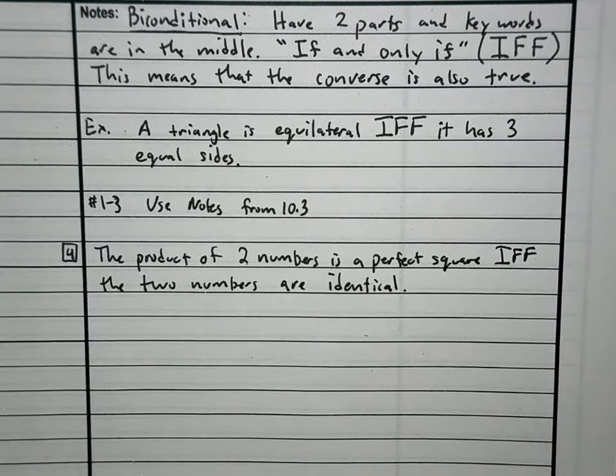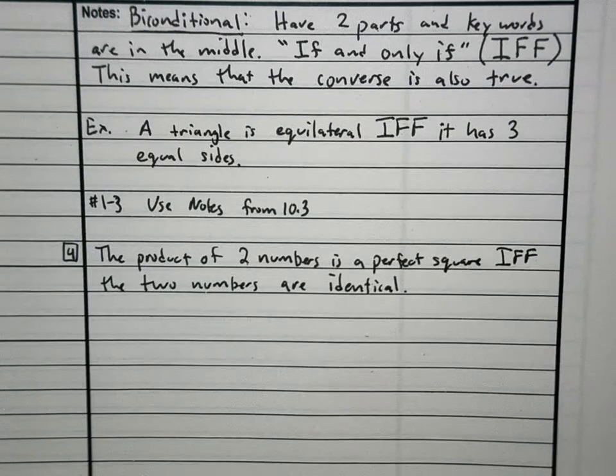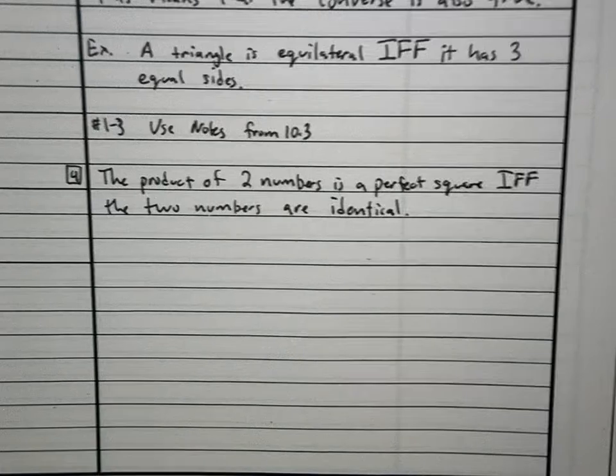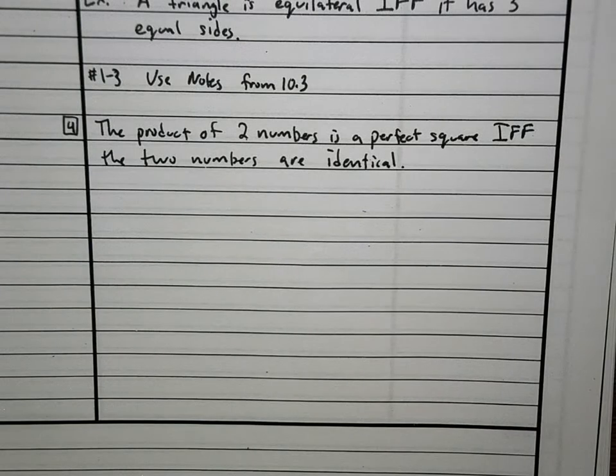The product of 2 numbers is a perfect square if and only if the 2 numbers are identical.